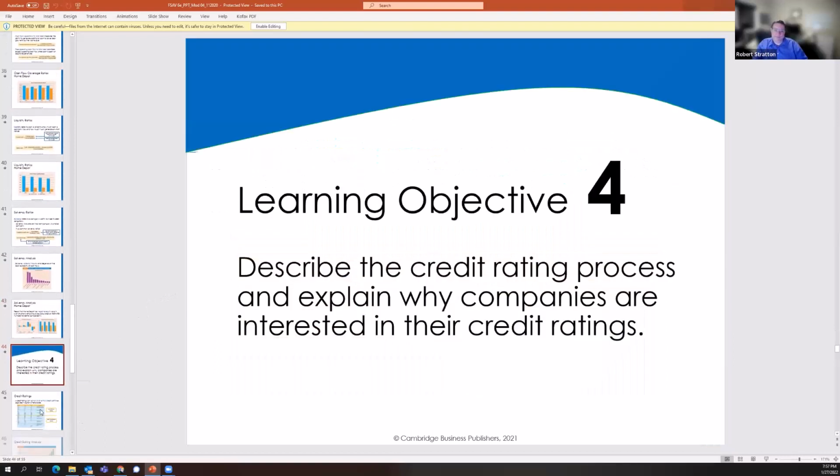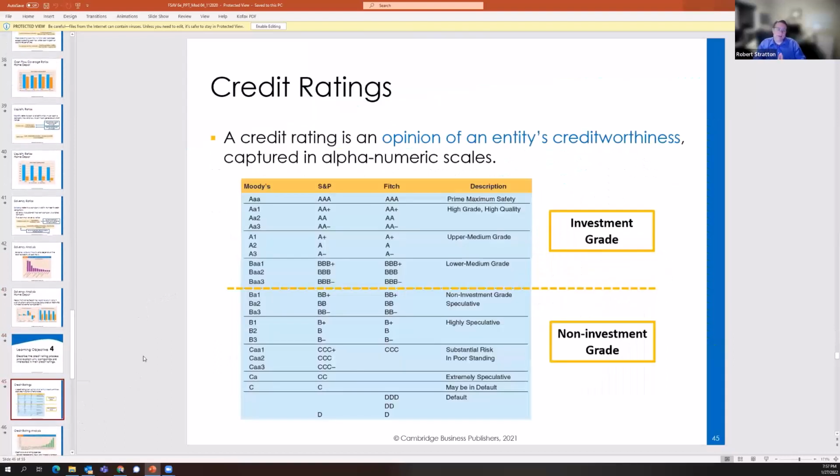Okay. So where are we? Credit agencies. Credit agencies, rough time for them. They really got called out in the Great Recession. They're businesses. Their product is this credit rating, and their customers aren't the investors, they're the companies.